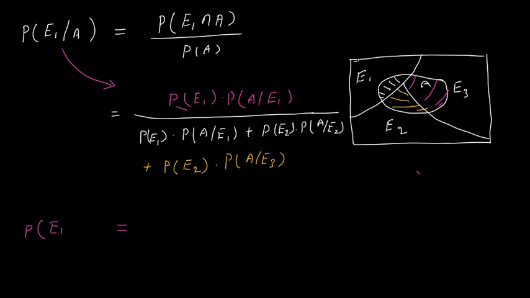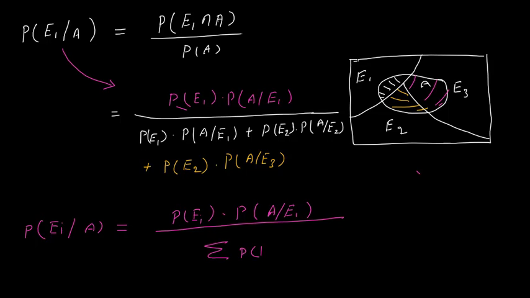Ei by A is equal to probability of Ei into probability of A by Ei whole divided by summation of probability of Ej into probability of A by Ej, where this j is from 1 to n.